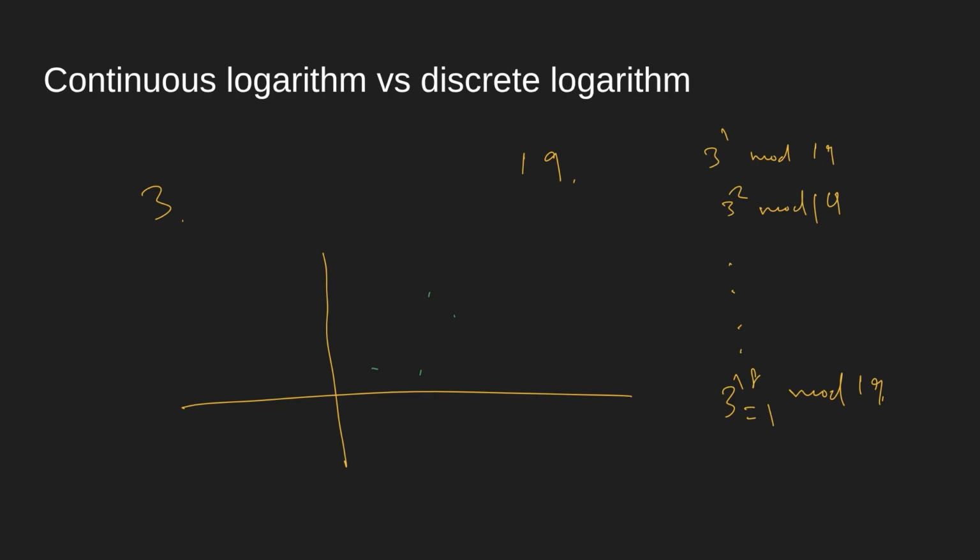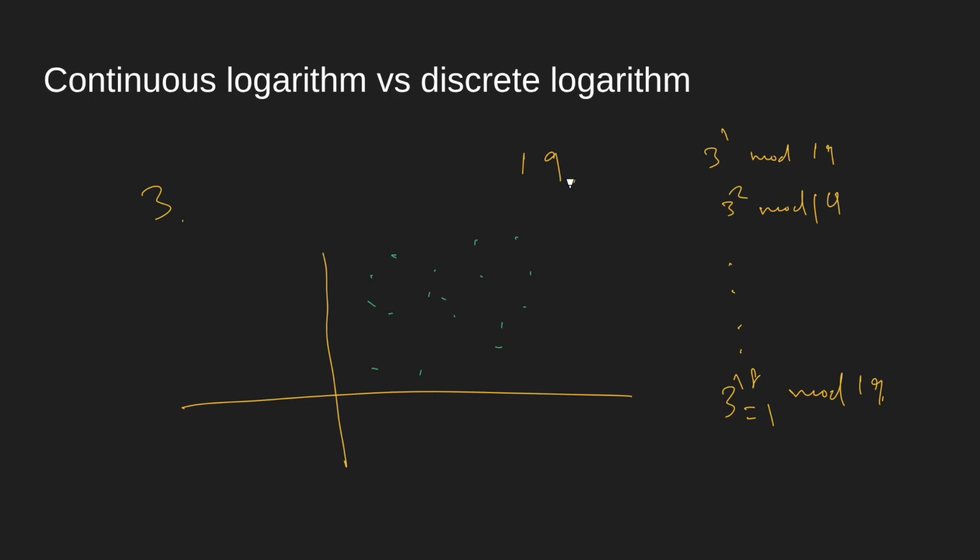So essentially the idea is that you will find the graph something like this, and even if you take an even bigger prime, in secp256k1 we are talking about 256-bit primes. With such large primes, it is very hard to predict where the next point in the graph will be.